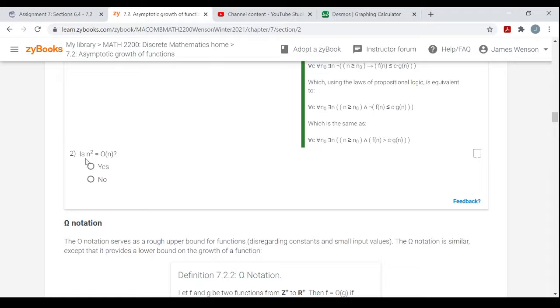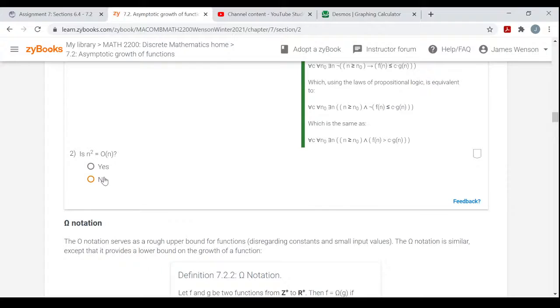Is n squared O of n? Now this is a degree 2 polynomial, and n is a degree 1. Could you multiply n by a positive number and have it eventually always be greater than n squared at some point? No. n squared grows faster than n, any multiple of n.